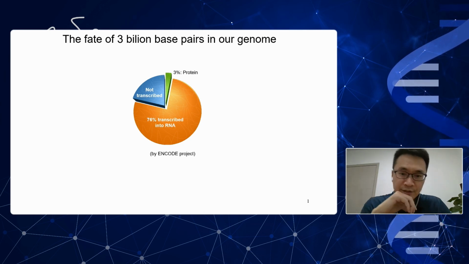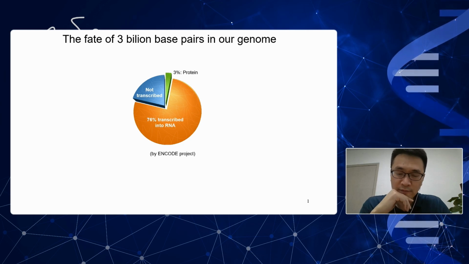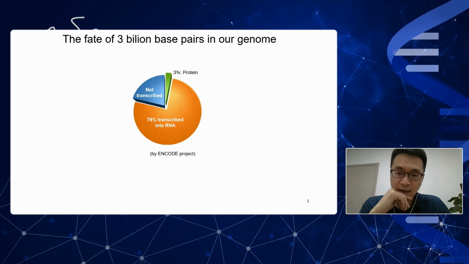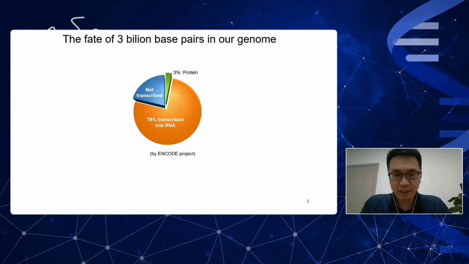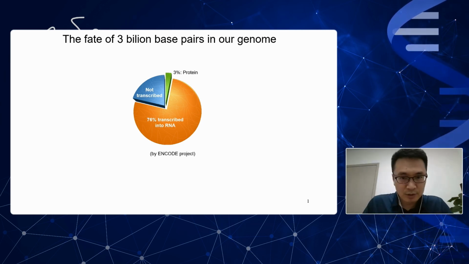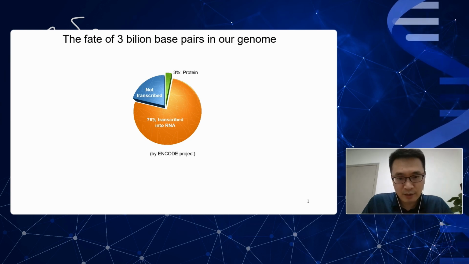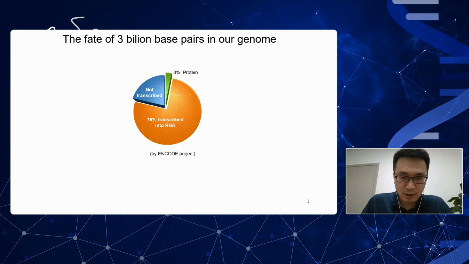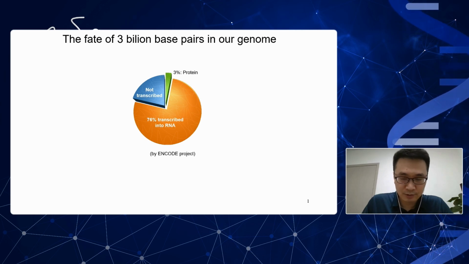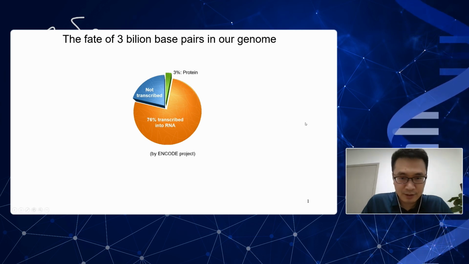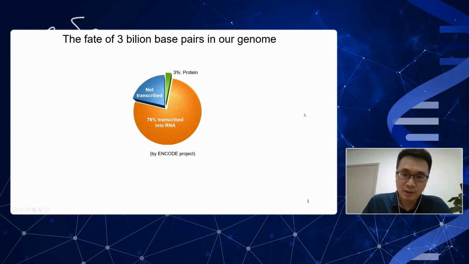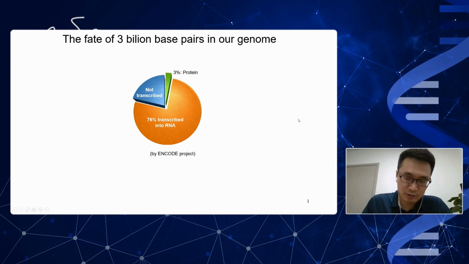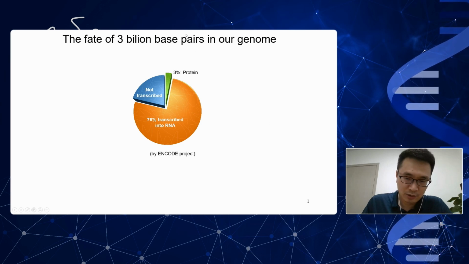It means we have a lot of RNAs in our cells doing many functions, and many of them we don't know yet. So we have a lot of opportunities to use RNA as biomarkers or as therapeutic drugs.